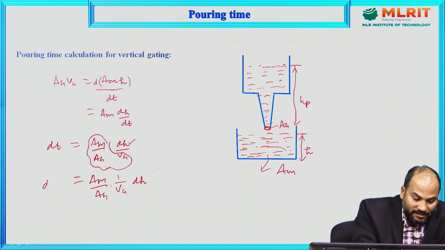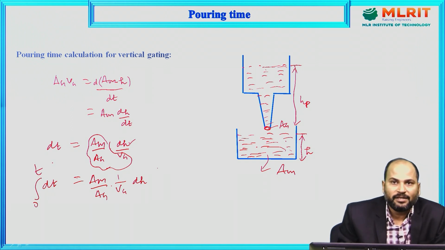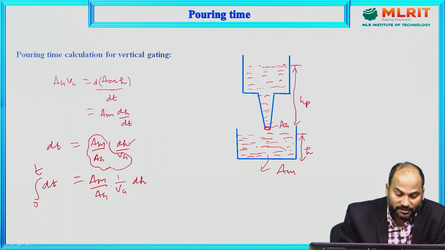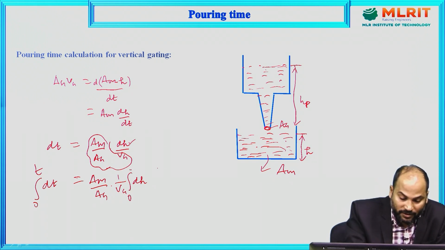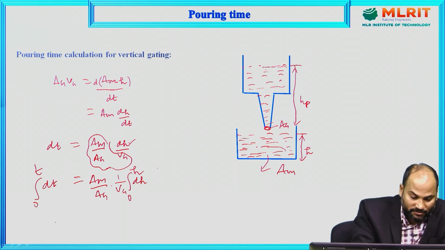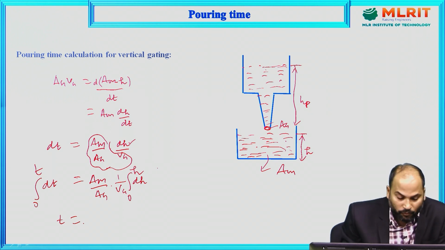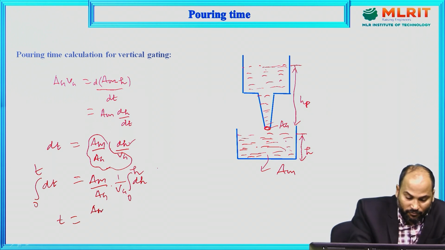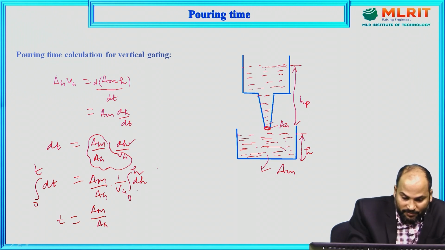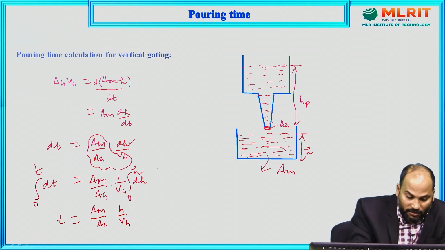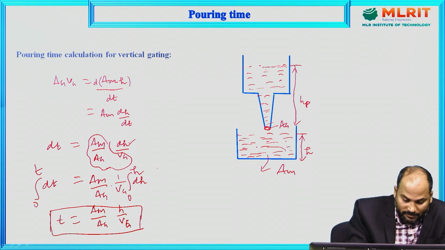If we integrate this one from 0 to t, means 0 we are taking at the starting time and t we are taking the time when this mold cavity is filled up to height H, means 0 to H. So we can see from here that this t, that is filling time, mold filling time, or this pouring time, is equal to AM upon AG, area of the mold upon area of the gate, into H upon Vg, that is velocity of the gate. This is actually Vg.